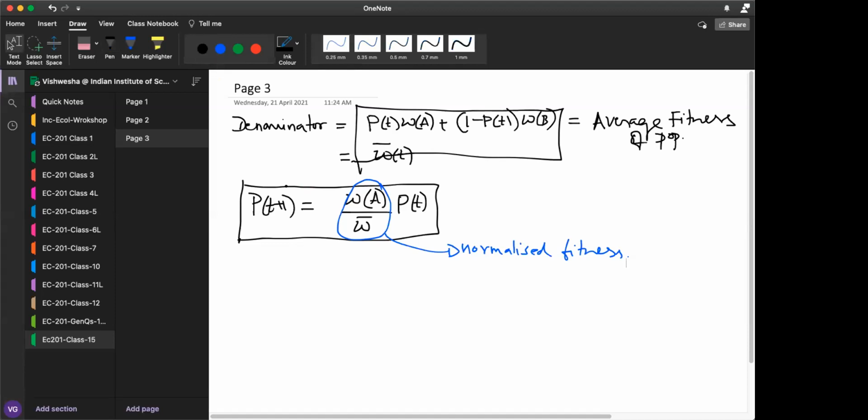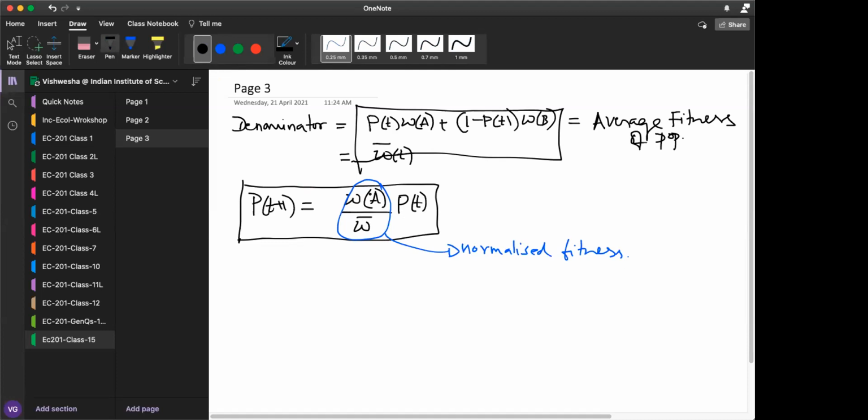In the sense of what you're thinking intuitively, you're absolutely right. You look at the fitness compared to the average fitness of the entire population, and then you multiply it by the current frequency. Well, maybe it's okay to call it relative fitness.